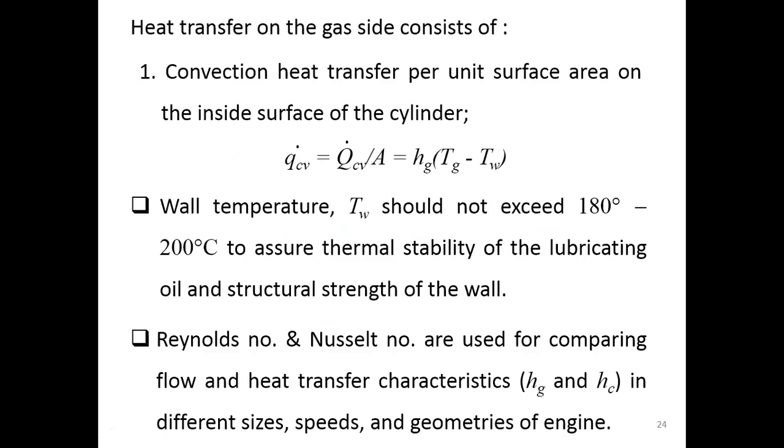Okay, so this amount of heat requires the calculation of the heat transfer coefficient, the coefficient of heat transfer due to convection. How can we come up with this heat transfer coefficient? We have to make use of the Reynolds number and also the Nusselt number. So these two numbers are used for comparing the flow and the heat transfer characteristics.